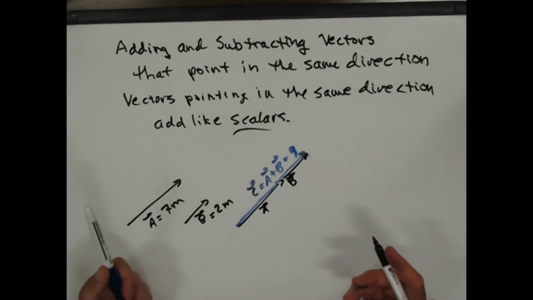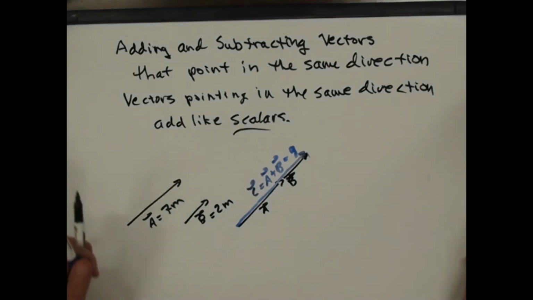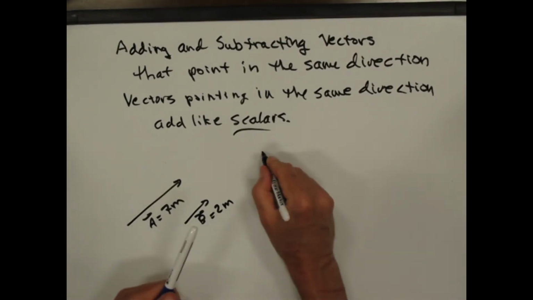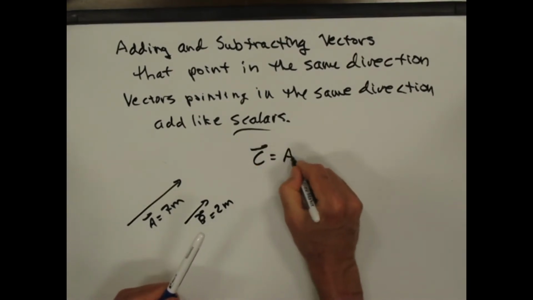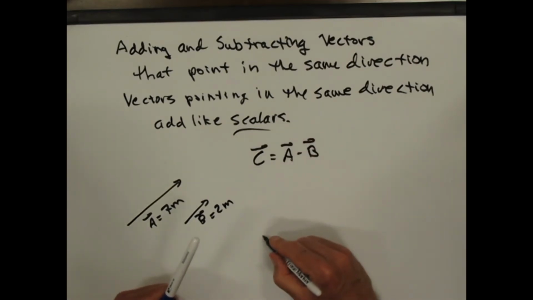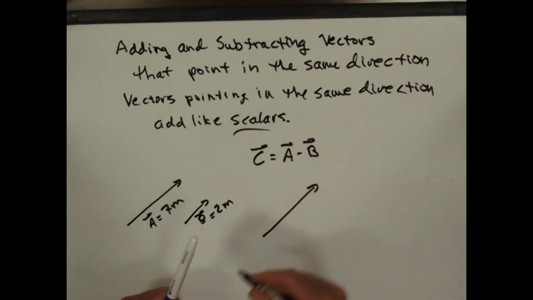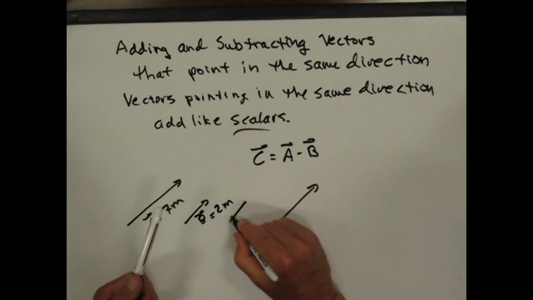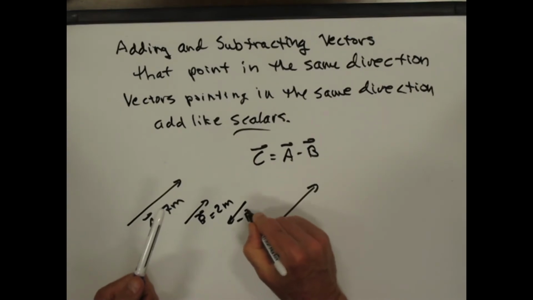And subtracting isn't much different, right? If I wanted to say C equals A minus B, well, I take the vector A like this, and now I put minus B. So if this is B, then this is minus B, right?